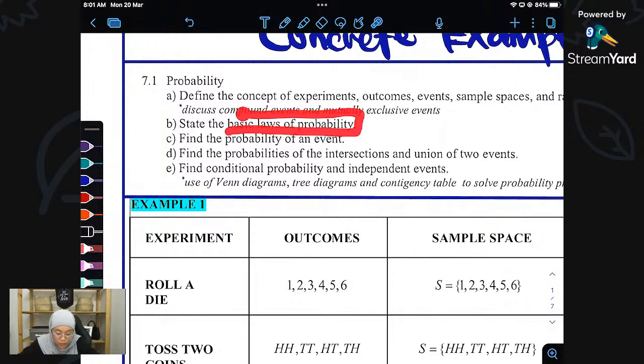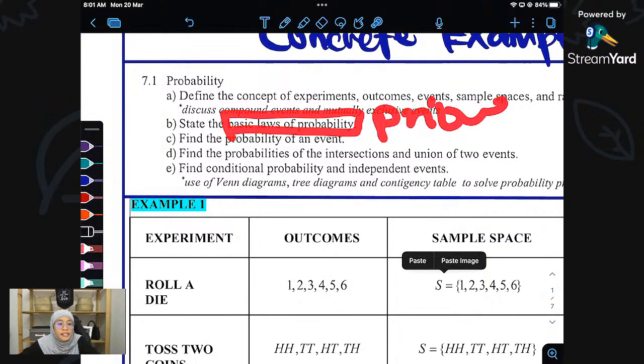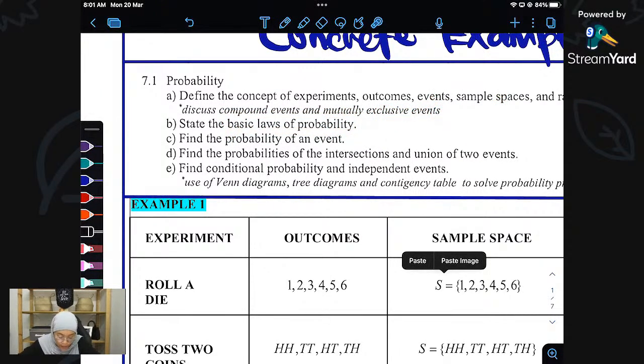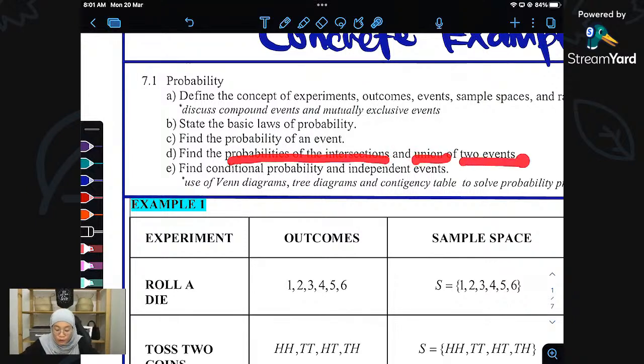The basic laws of probability is your prior knowledge, which you have learned from the SPM level. The next goal is to find the probability of an event, for example, P(A) or P(B). And then the next goal is to find the probabilities of intersection and union of two events.